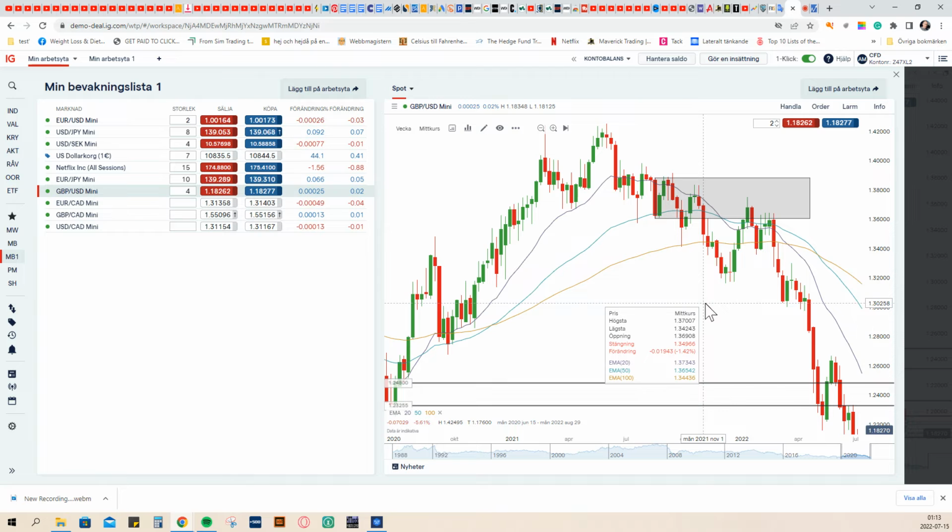And this is very important now. I will mark this level. Here we have a pullback level up here. And I would take the profits somewhere here, because I would look at this pin here and see that this is a demand zone where buyers want to buy the pound dollar. And you don't want that, because you just want this to go down all the way.